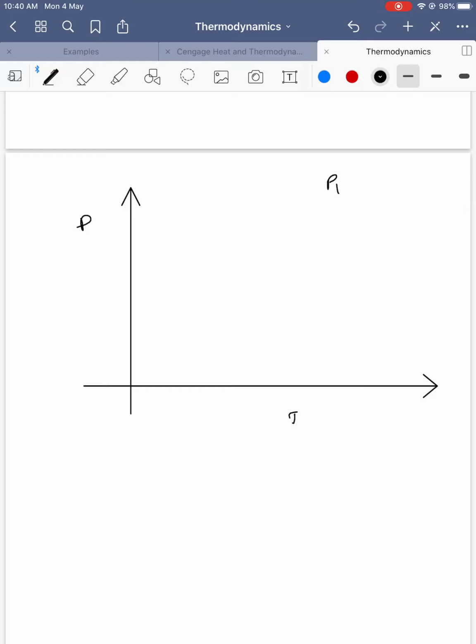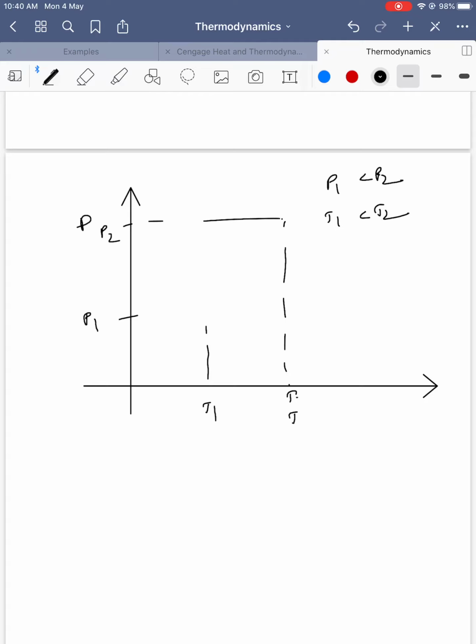Let's see one more case, pressure versus temperature. In pressure, P1 is less than P2 and T1 is less than T2. If we consider the graph, P1 and P2 here, and T1 and T2 on the other side.